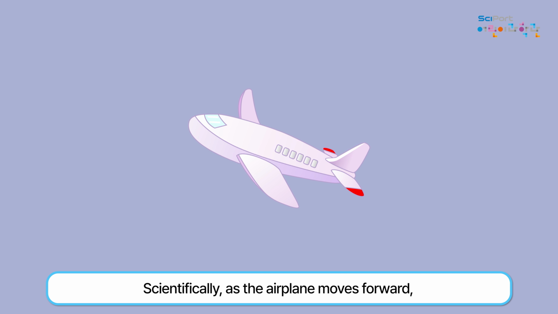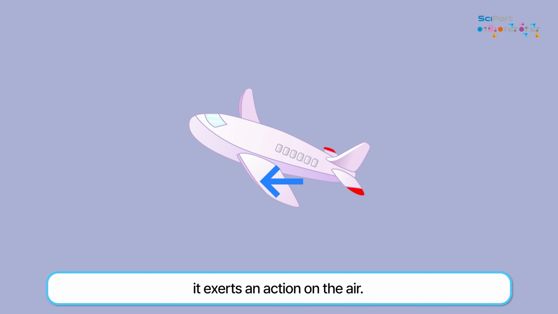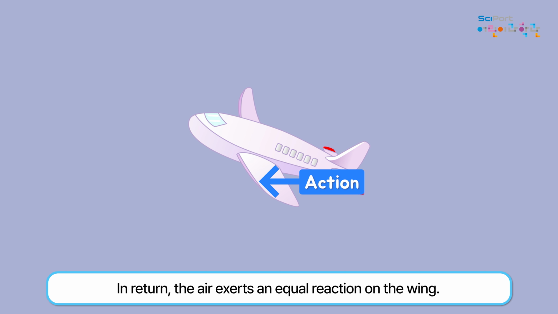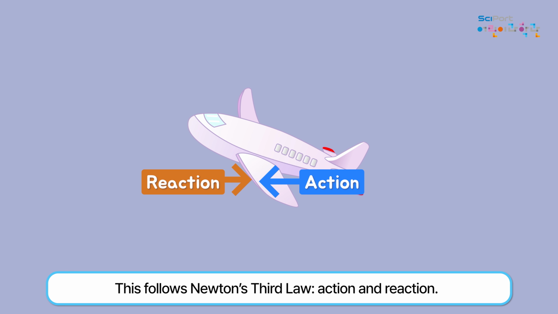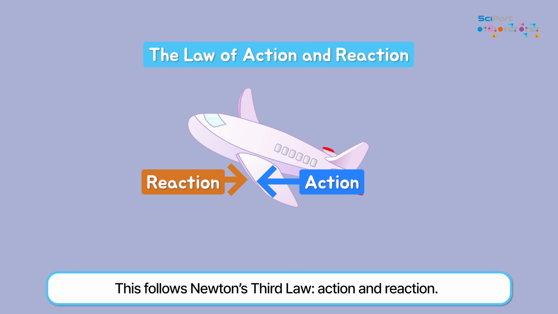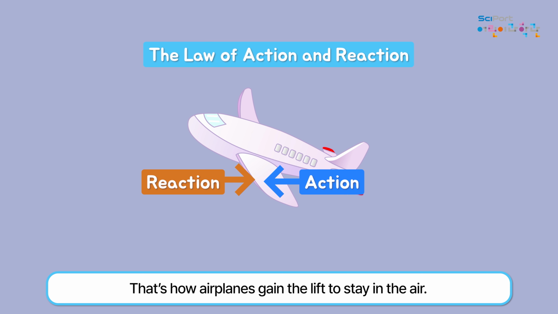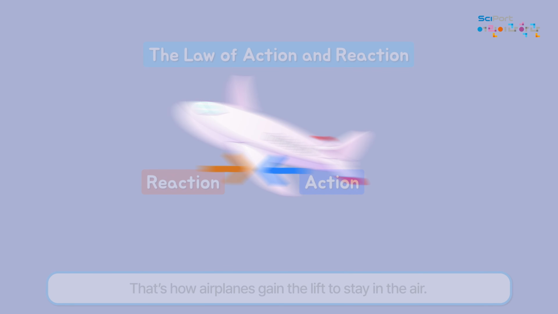Scientifically, as the airplane moves forward, it exerts an action on the air. In return, the air exerts an equal reaction on the wing. This follows Newton's third law, action and reaction. That's how airplanes gain the lift to stay in the air.